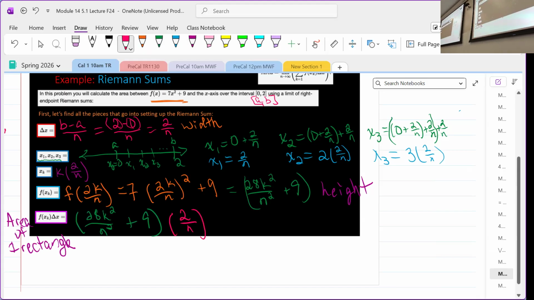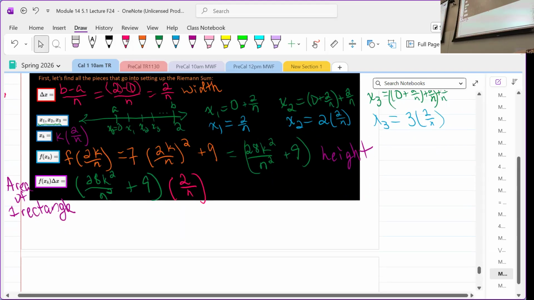So that is what's going to go inside our sigma notation. That's the area of one rectangle.